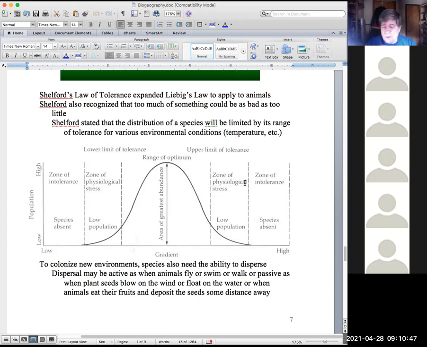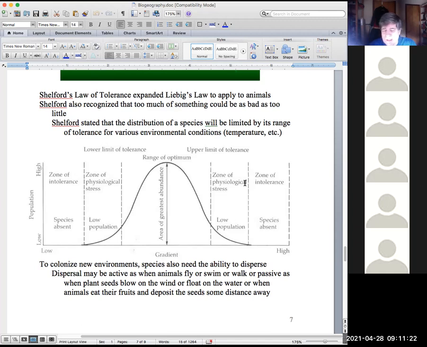Now, for populations, when we look at any factor like temperature, this zone of stress only extends so far. If we keep increasing the temperature, at some point, people can't cope with that temperature. We simply can't survive. Now, if this is an environment that's found on Earth, what do we find? Well, then we don't find a population of humans living in that area. If humans try to colonize that area, they might become extinct.